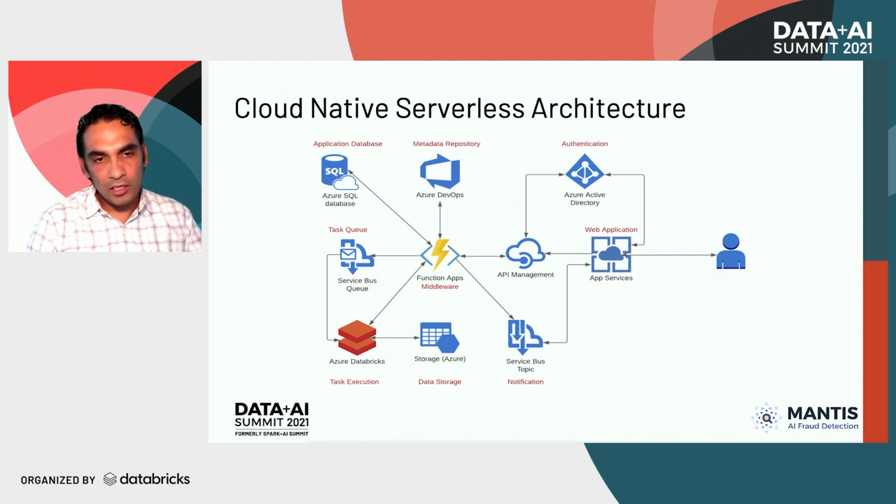It is the one glue which connects the various other components of the solution. We use Azure DevOps for all the metadata repository, like what the opportunities are, what the project is, what the parameters are. Everything gets checked in and checked out of this code repository, so it comes with all the features that a code repository brings.